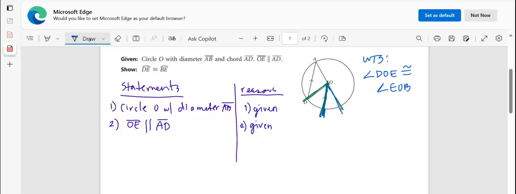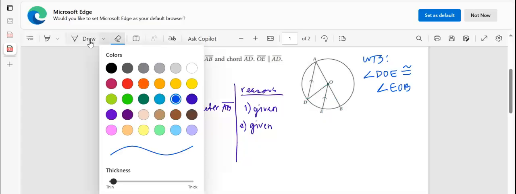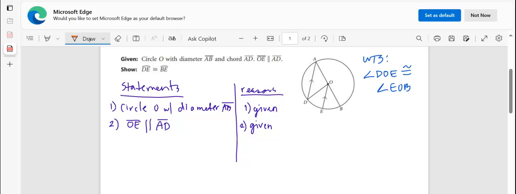The next thing I do when I look at a proof is I ask myself, why am I given the given? What does the given help me accomplish, or why is it there? My given is that I have a set of parallel lines. And anytime I see parallel lines, you know what I'm looking for: alternate interior angles. So where are my alternate interior angles?